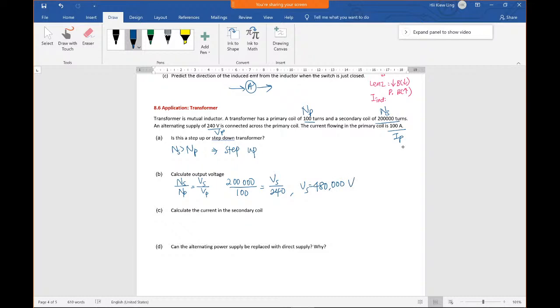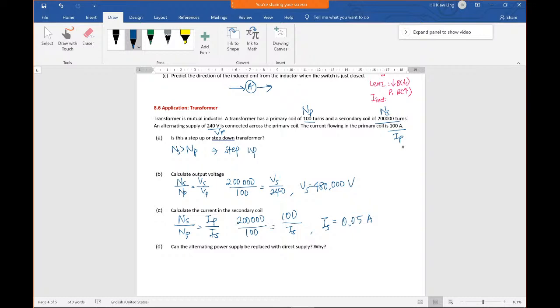What is the current in secondary coil? So current is the other way around. Primary is given by 100, secondary is unknown. So 0.05 ampere.